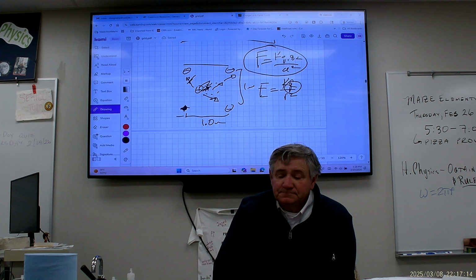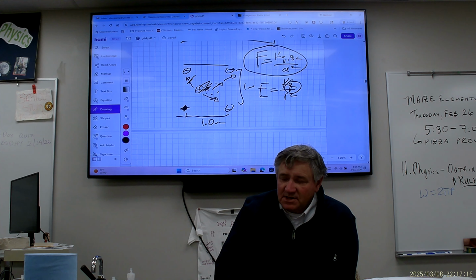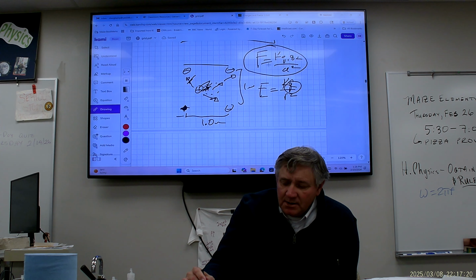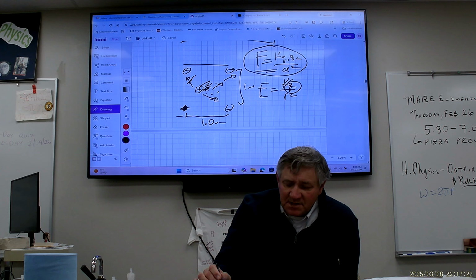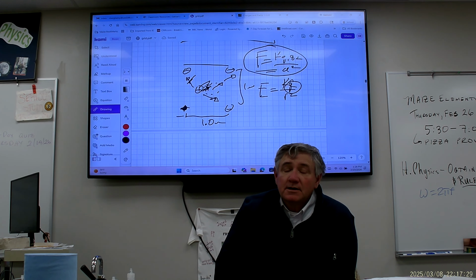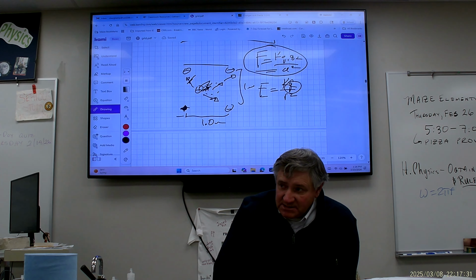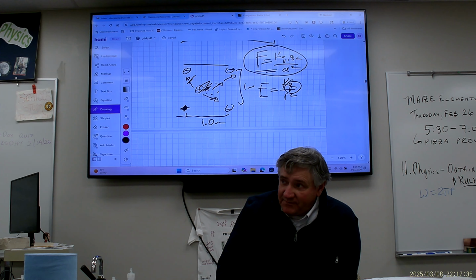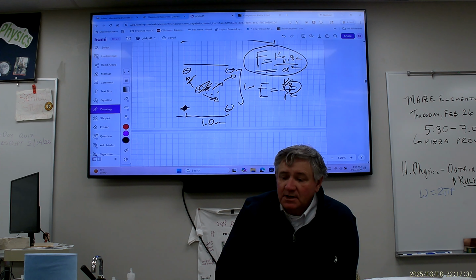There are a couple of things that are going to be tricky about this. Number one, you can't calculate the force because you don't know what the test charge is in the middle. All you know is that it's a positive charge. This is why I'm asking you to find the value of the electric field, not the force.